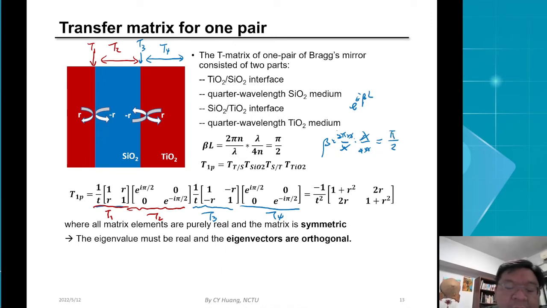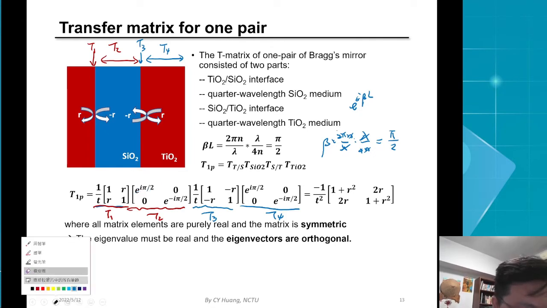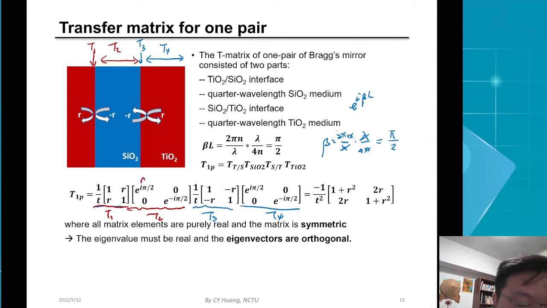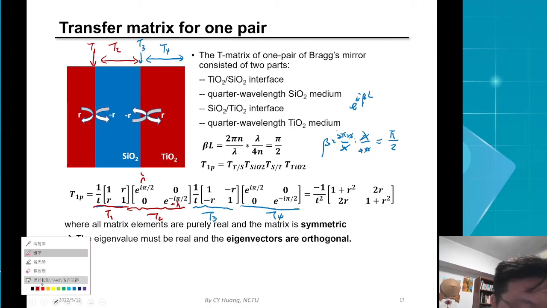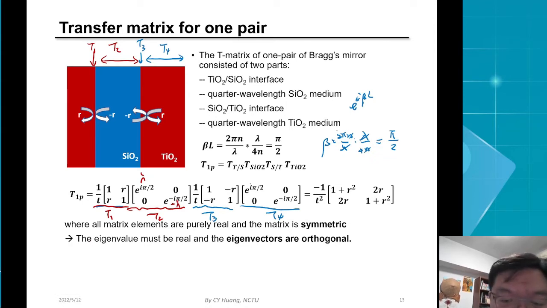So the exponential iπ/2 is i, and this is i, and this is minus i, and the same, this is i, and this is minus i.